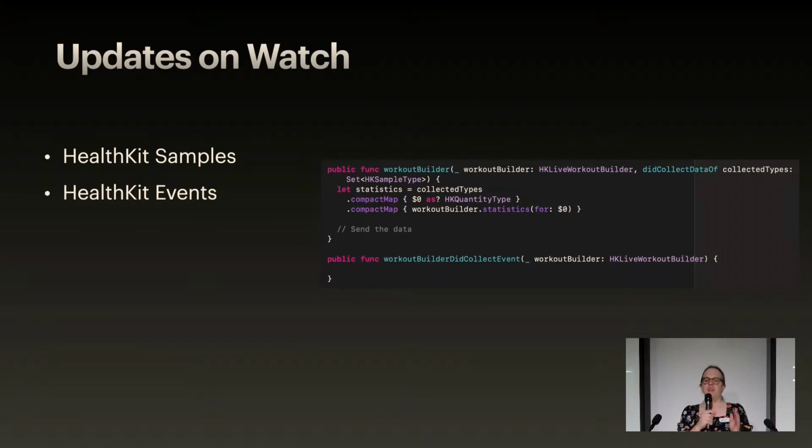But you then look at it, transform it from the quantity sample or some other bit of information and send it through to the companion device. Cool, awesome. What you've now got is, say, your heart rate coming from the watch, and you're able to show it on the phone, and you're able to keep everything on the phone as you go forward, which is awesome.